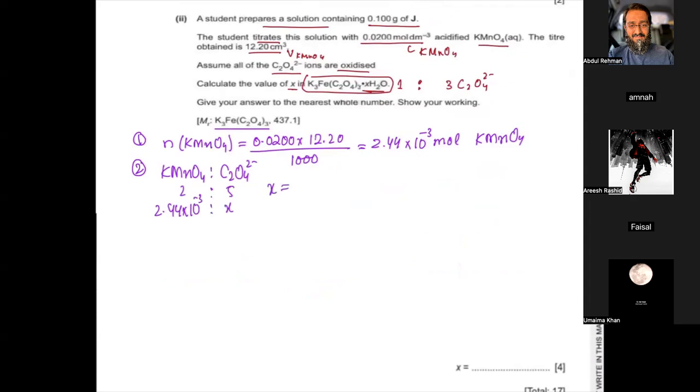So we will calculate the moles of C2O4, which equals 2.44 exponent minus 3 times 5 over 2. Can anyone tell me the answer, please? Okay, it's exponent minus 4. Sorry, my bad, exponent minus 3. Thank you, Fazan. Exponent minus 3. Yep.